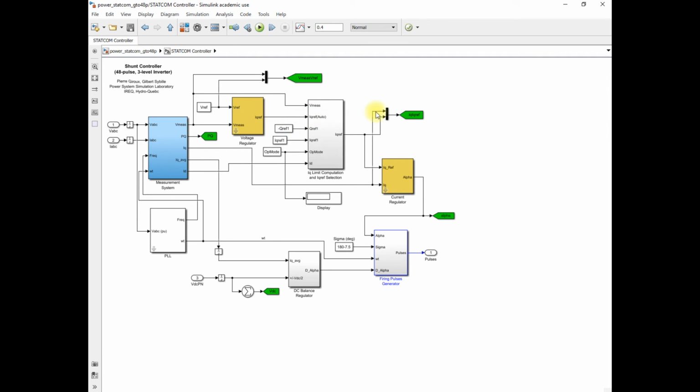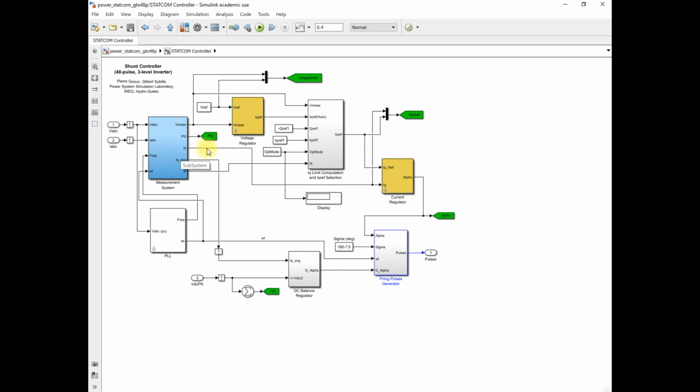So based on the value of IQ reference, your STATCOM injects or absorbs reactive power from the system. You can see that the same IQ reference, after this limit computation selection switch, is applied to this current regulator block, along with the IQ that you got from this measurement system.